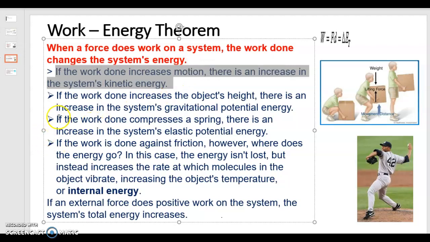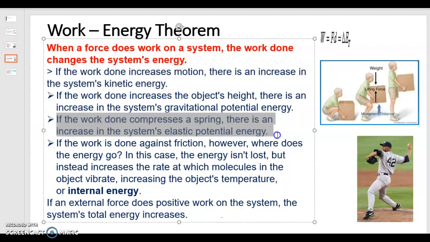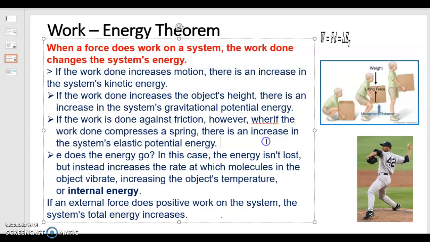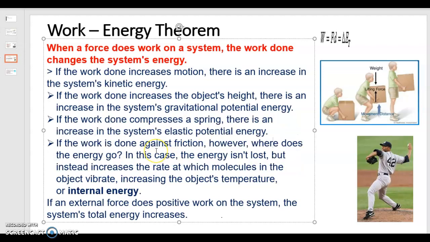You could also do work to compress a spring, and not all work results in an increase in gravitational potential energy or kinetic energy. Sometimes, for example, if we just push a book across a desk, we're not making the book any higher, so we're not giving it gravitational potential energy. And if we push a book along at a constant speed, we're not making it any faster, so we're not increasing its kinetic energy.